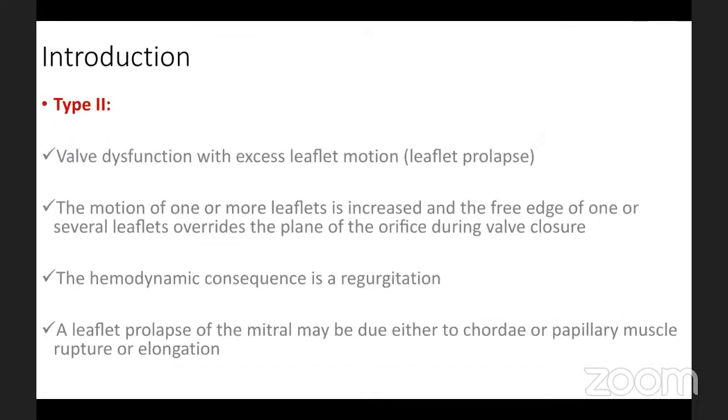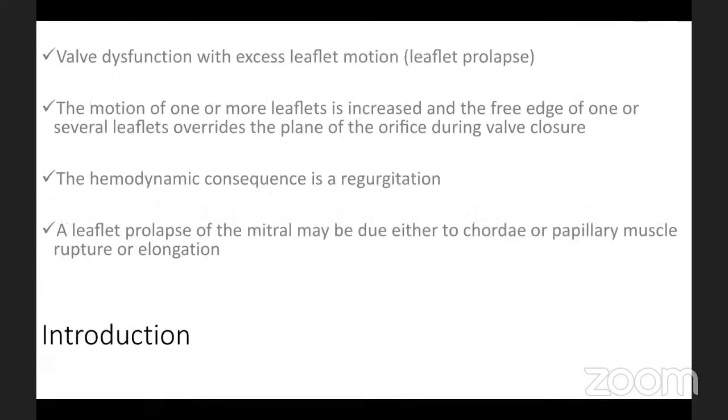In type 2, valve dysfunction with excess leaflet motion, leaflet prolapse. The motion of one or more leaflets is increased, and the free edge of one or several leaflets overrides the plane of the orifice during valve closure. The hemodynamic consequence is regurgitation; leaflet prolapse of the mitral valve may be due to either chordae or papillary muscle rupture or elongation.